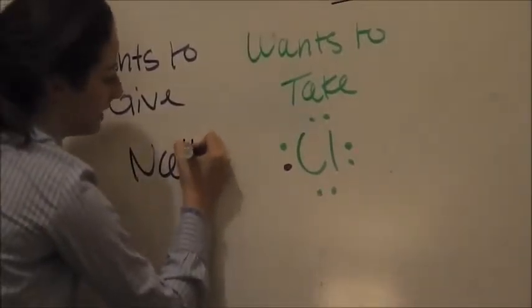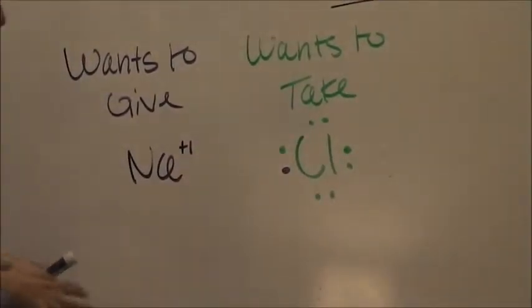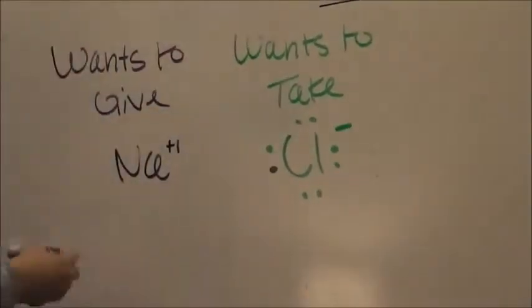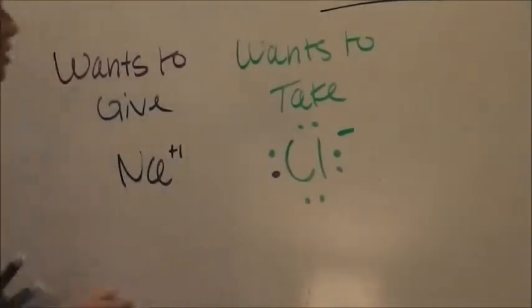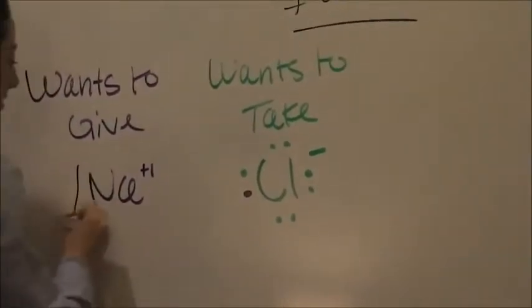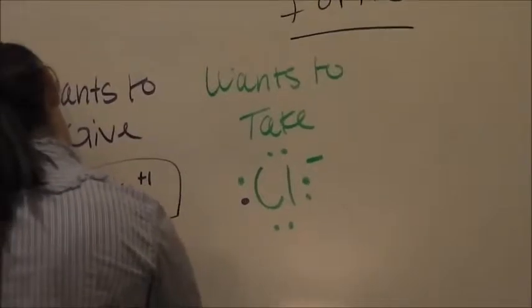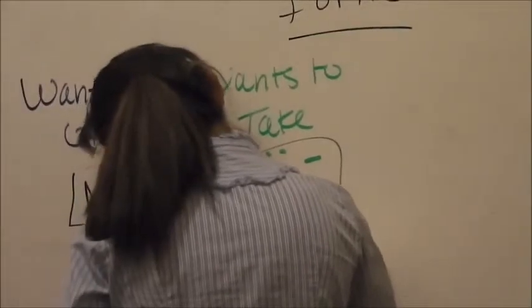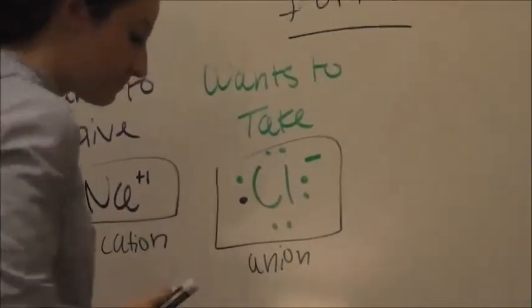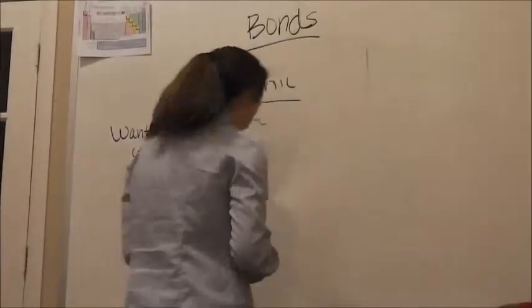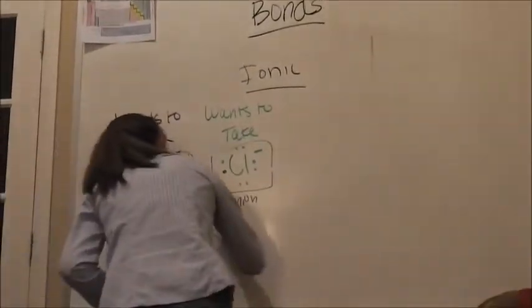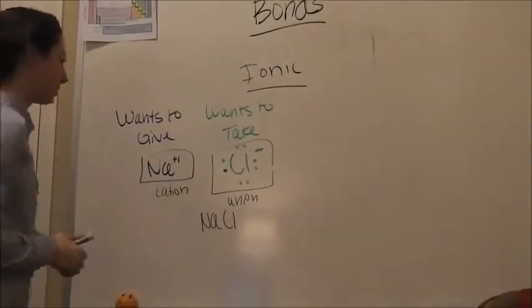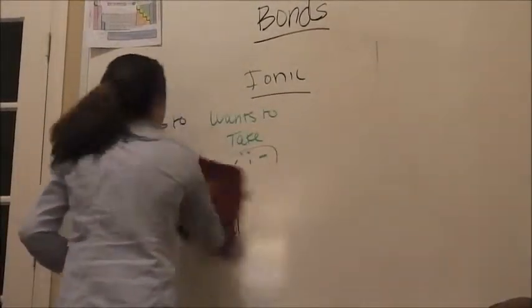So he's now positively charged. And chlorine gained an electron, so he's now negatively charged. And these are the 2 components of an ionic bond. We have the cation, the positively charged atom, and the anion, the negatively charged atom. And that forms NaCl, right? So table salt is your end product with that bond.